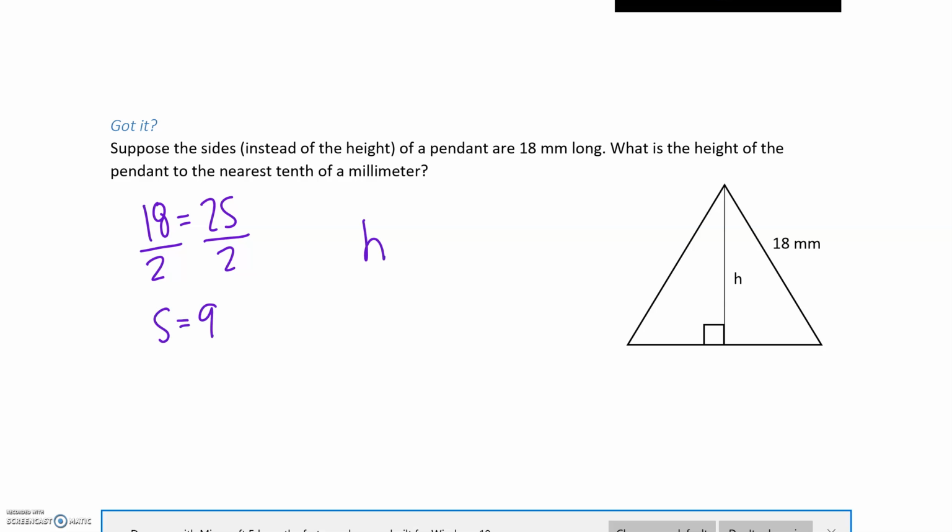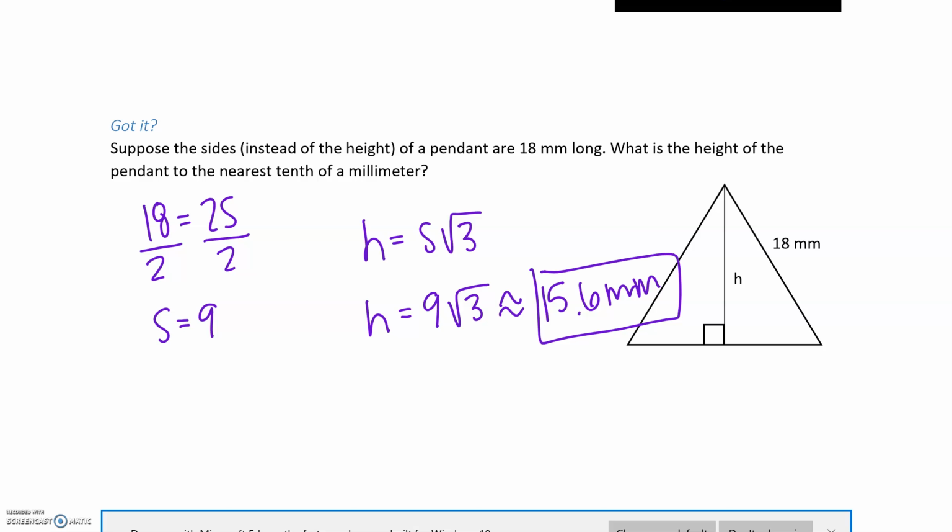And we know that our height is going to be s square roots of 3. So our height is going to be 9 square roots of 3. And when we do that in our calculator, it's going to give us about 15.6 millimeters.